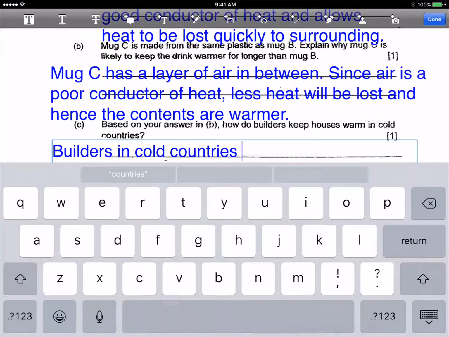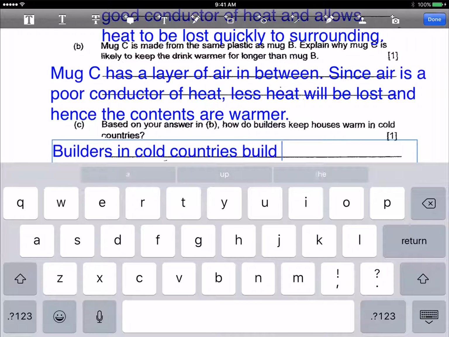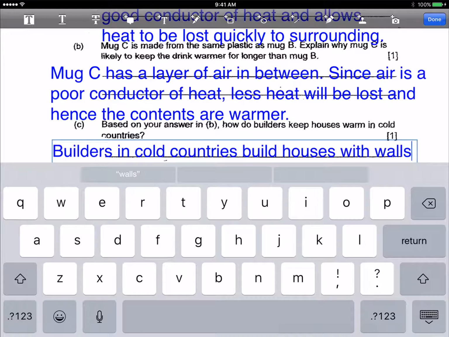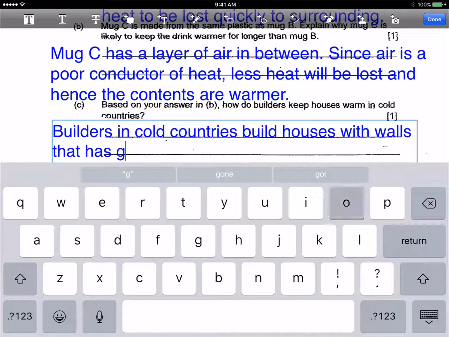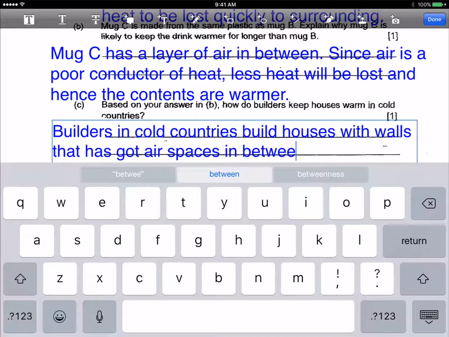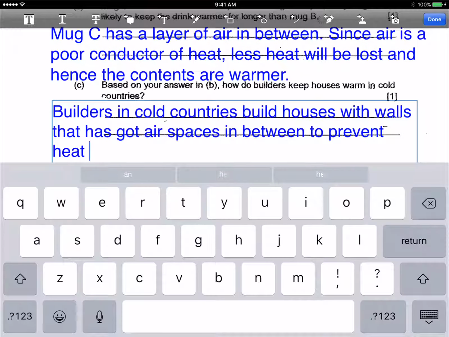Right? So builders in cold countries build houses with walls that have air spaces in between. Your air space has to be in between the walls, to prevent heat loss.